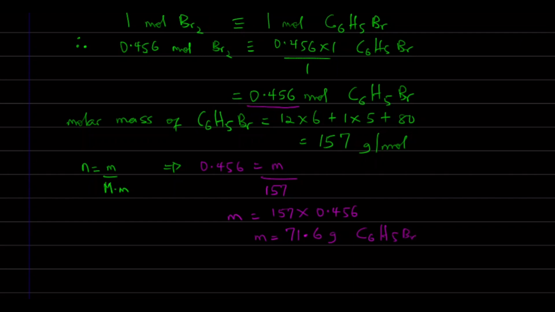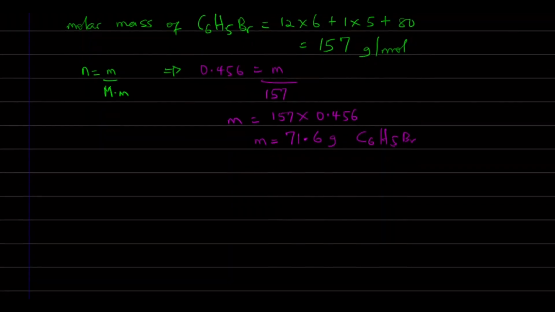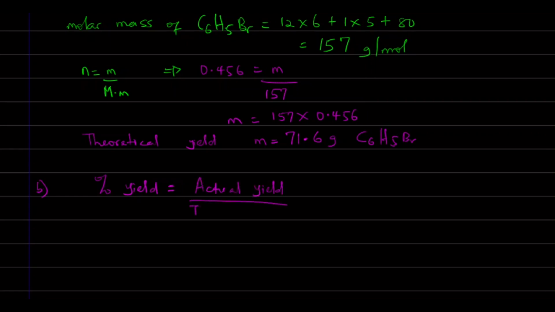Since we have gotten the mass, that's the theoretical yield of the main product. The B part says we should calculate the percentage yield. The percentage yield formula is given as actual yield over theoretical yield times 100.